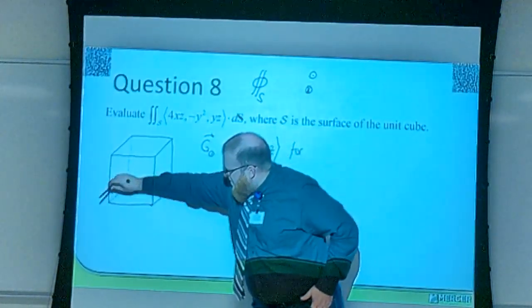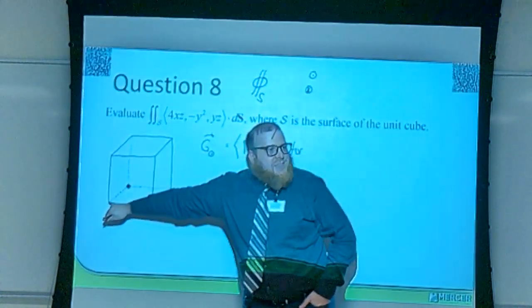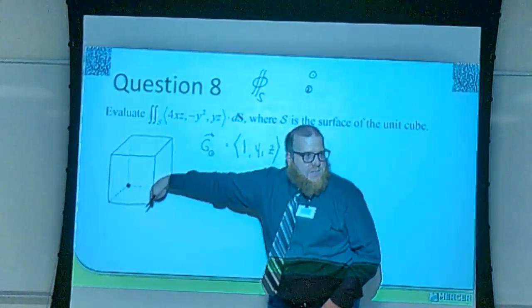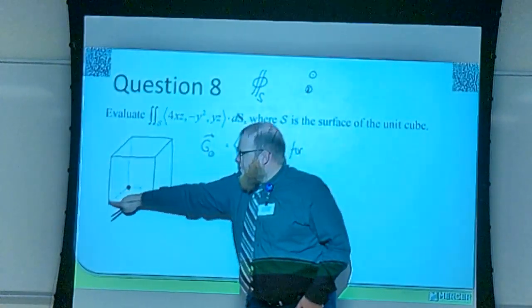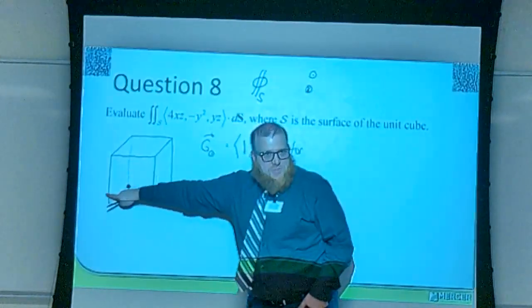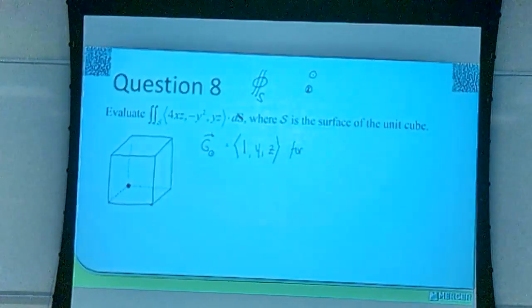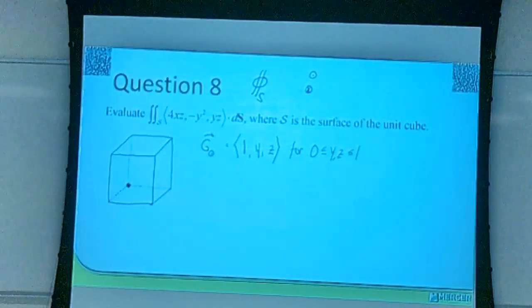It starts at 0 and goes to 1. What does z do? Starts at 0 and goes to 1. Both y and z go 0 to 1. So I'm going to write it this way. That's very common mathematical notation. That just means that y is 0 to 1 and z is 0 to 1.